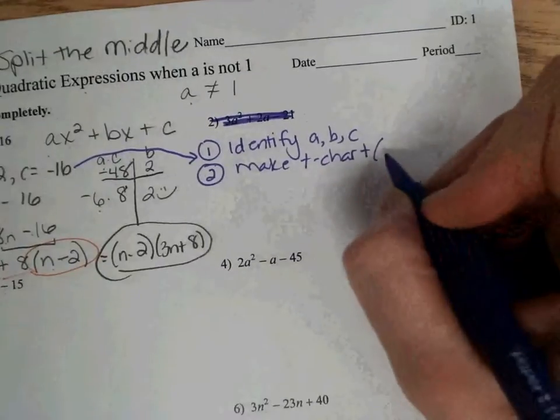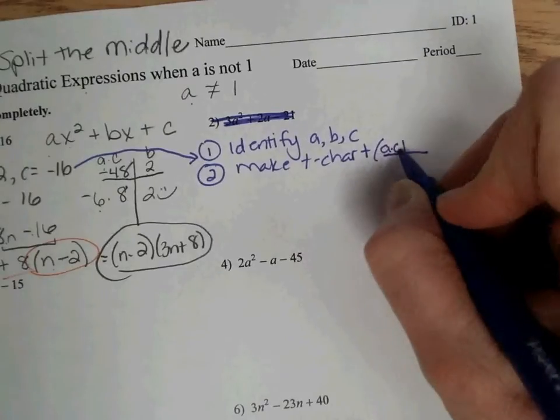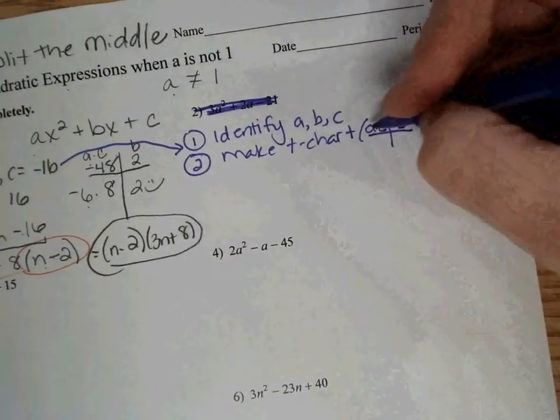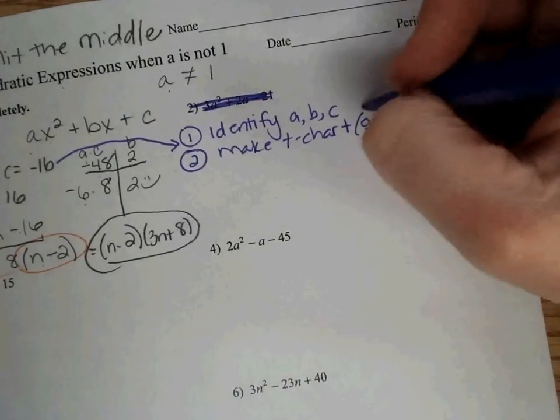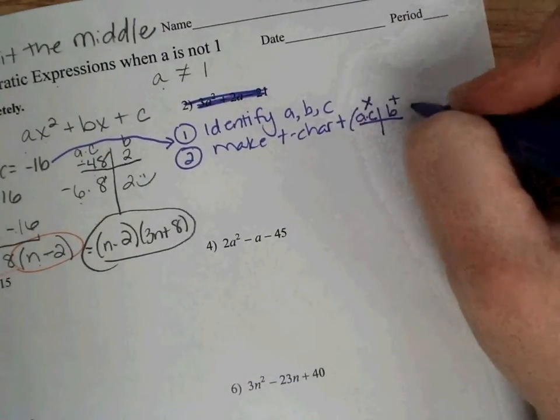And again, the left side you have A times C, and on the right side we have B. And we're trying to find the 2 numbers that multiply to get A times C, and add to get B.